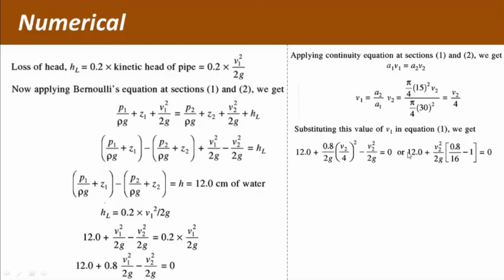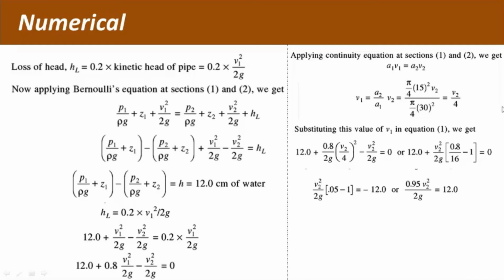So finally we will have 12 plus V2 square by 2g, taking that common. On the left side, what remains is 0.8 divided by 4 square, which is 16, so 0.8 divided by 16, minus 1. So solve this, and we will have V2 square by 2g in bracket 0.05 minus 1, that equals minus 12.